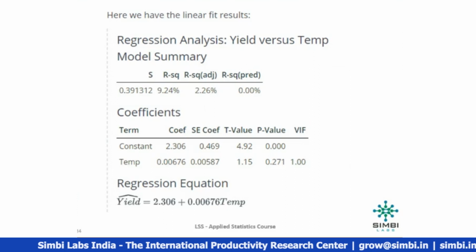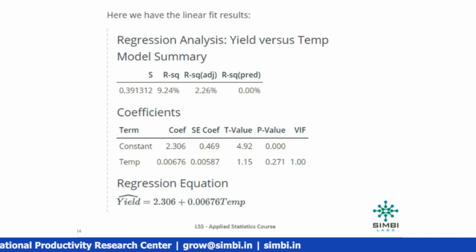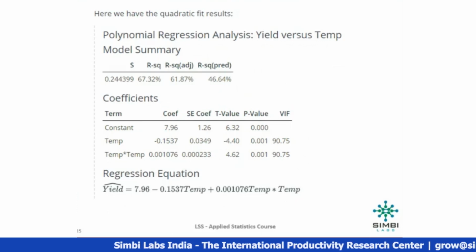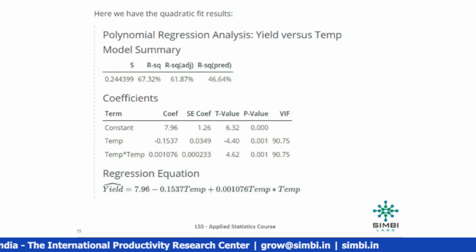And we have the quadratic fit results. Based on the polynomial regression analysis, we can get the S value, R square and R square predicted values by doing the calculation, and we need to find the coefficients also. Then use these values in the regression equation for y.